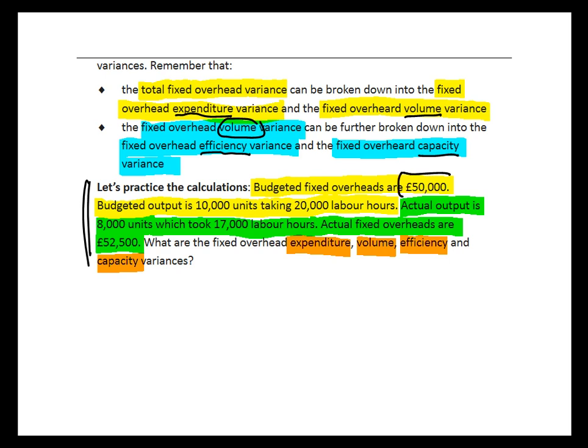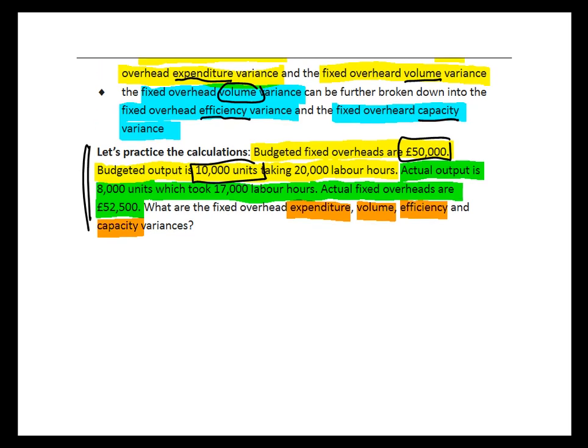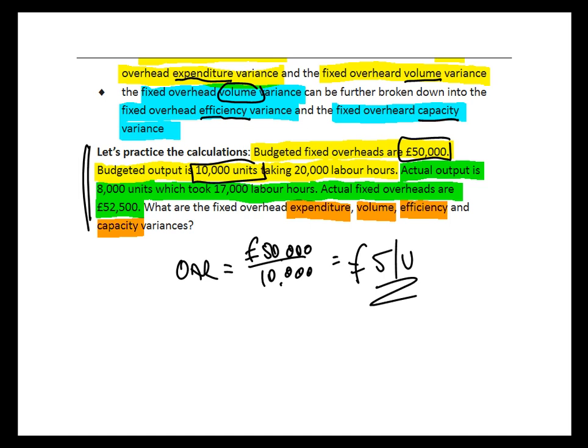Now we had a budgeted fixed overhead of £50,000, which we expected to relate to 10,000 units. Now, you may be familiar with the concept of an OAR, an overhead absorption rate, taking the £50,000 of cost over 10,000 units, that's an OAR of £5 per unit. That's effectively what I thought the fixed cost was going to translate to on a unit basis.